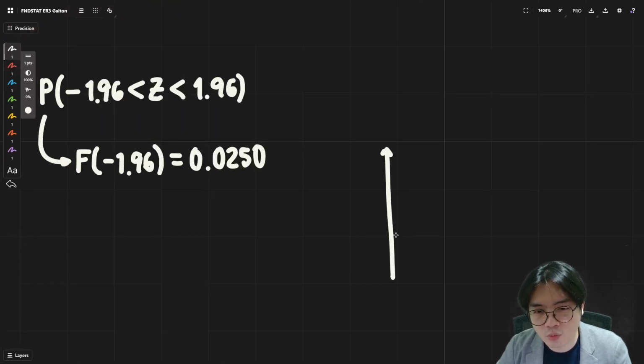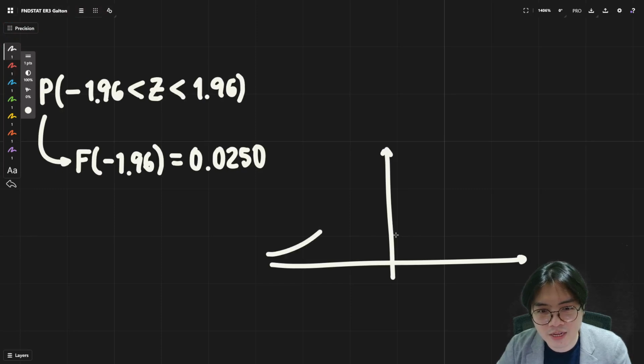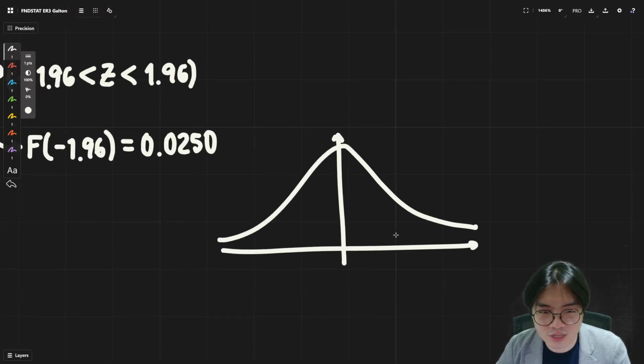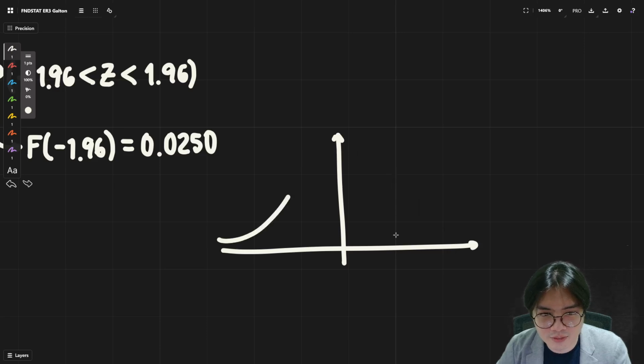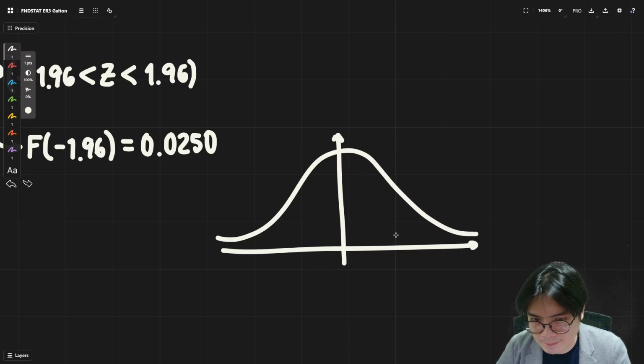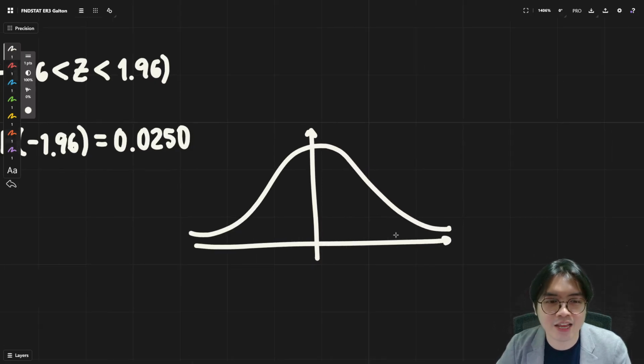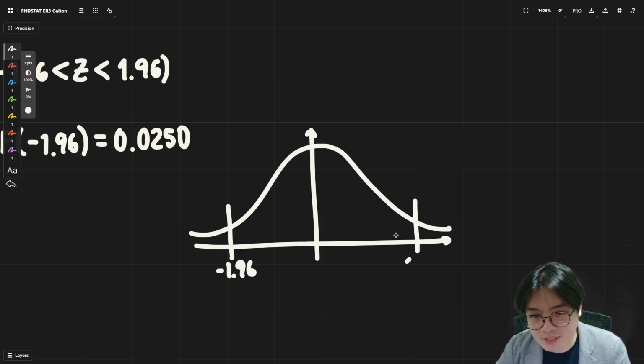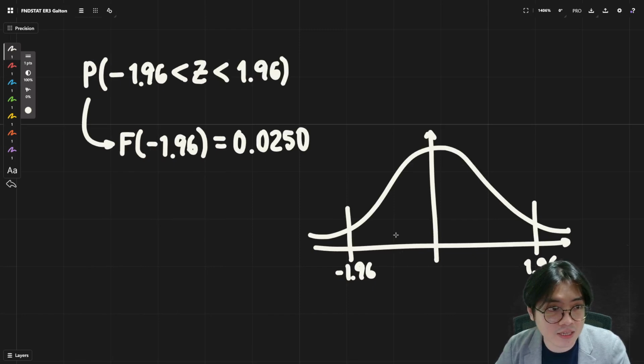What am I talking about? We have negative 1.96 in here, and we have positive 1.96 in here. Basically, what is being told to us here is that this area right here is 0.025.